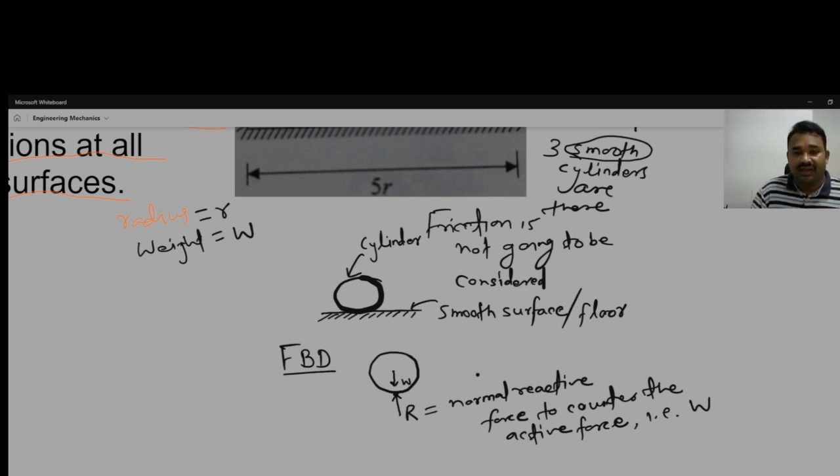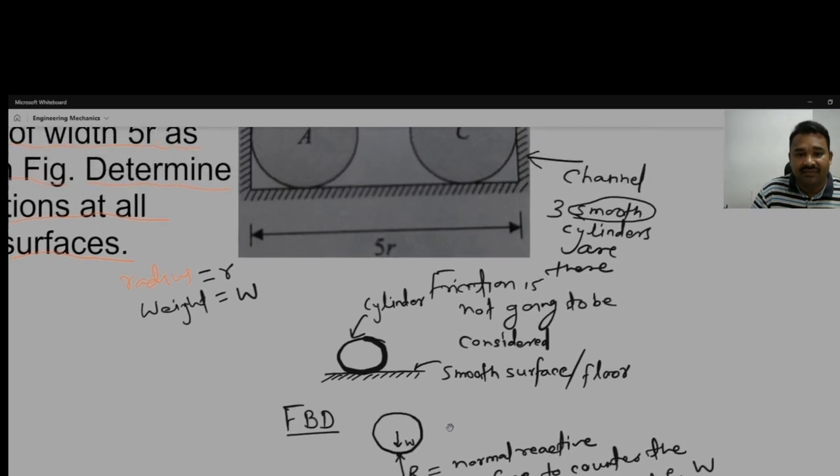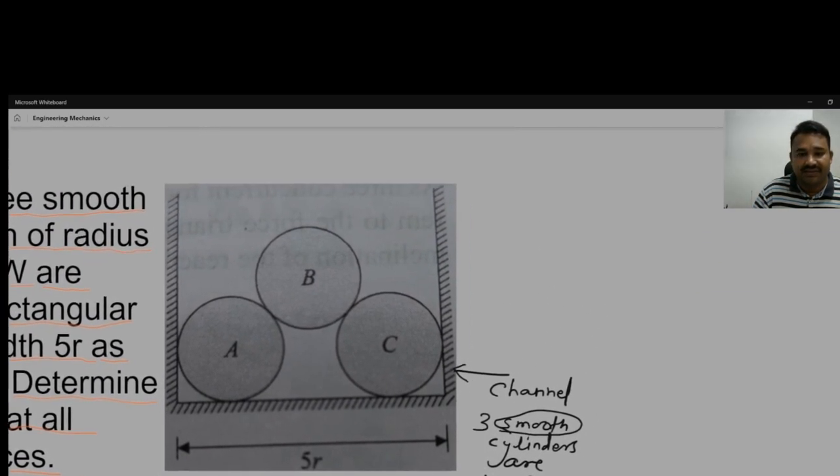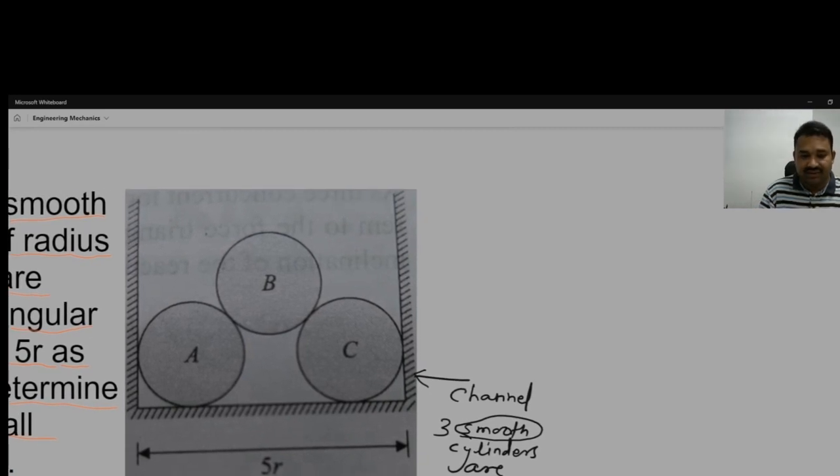So in this way, by drawing the FBD of each of the cylinders, we can then get the contact reactions.